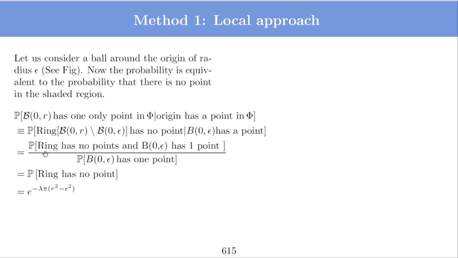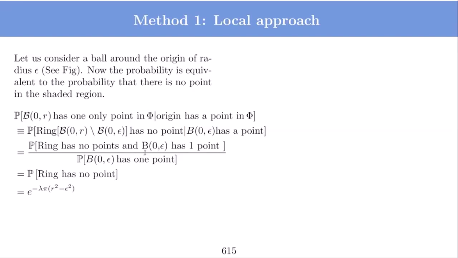So this conditioning, A conditioning B, is probability A intersection B divided by probability of B. So this will be probability the ring has no point and the ball 0, epsilon has one point divided by the probability ball of 0, epsilon has one point. Right. Now if you look at this, these are independent events because the ring and the ball of 0, epsilon are exclusive sets.